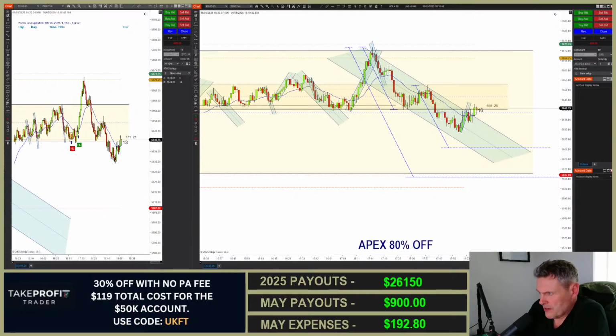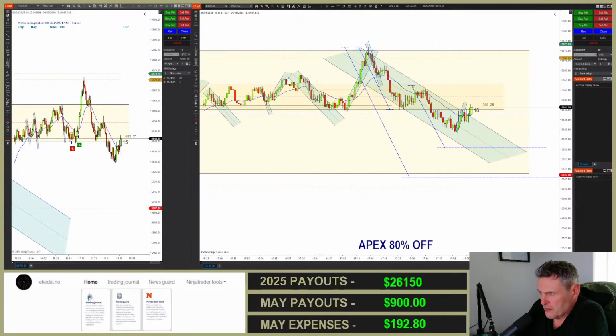Just kind of looking for a bearish bar here to drop. Now, whether that is a channel or not, I don't know. I don't think it really mattered too much.